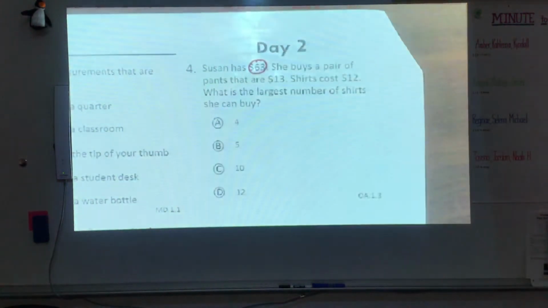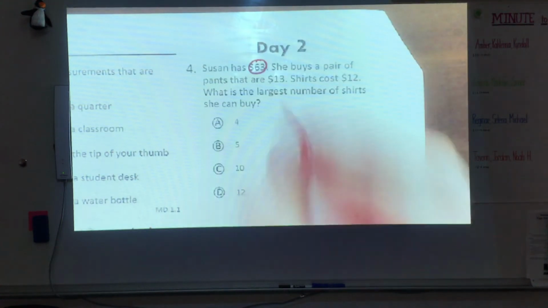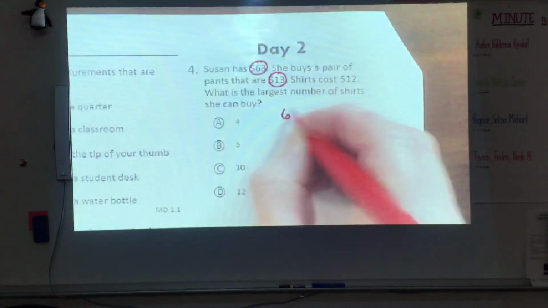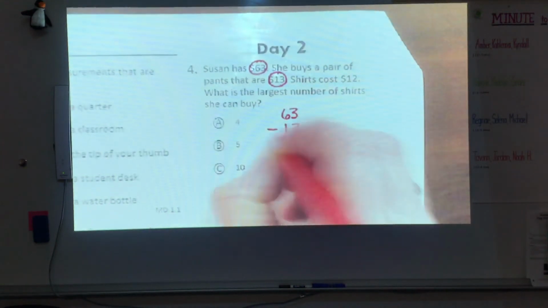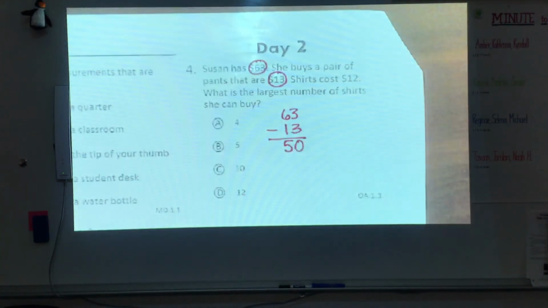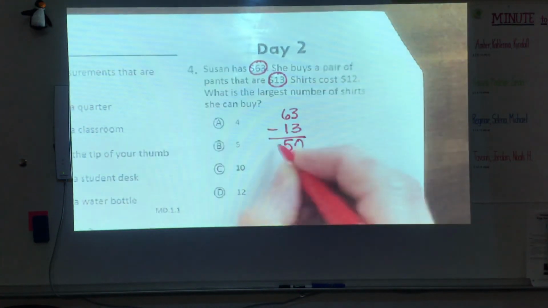Yes. Her pants are 13. She buys a pair, so that's 1 pair. So we probably should figure out how much money she has left. What would we do? I would subtract. So we know that 63 minus 13 is $50. That's how much money she has left.